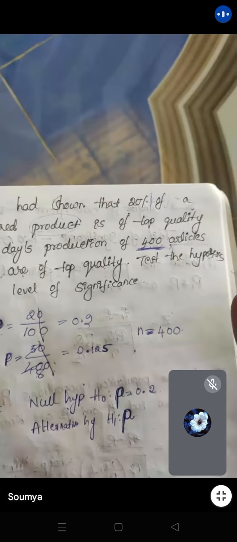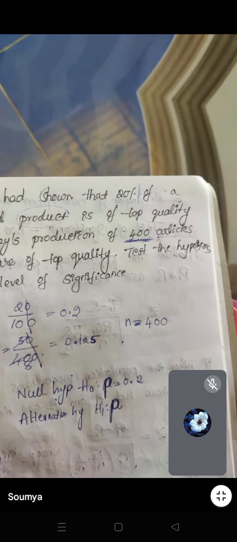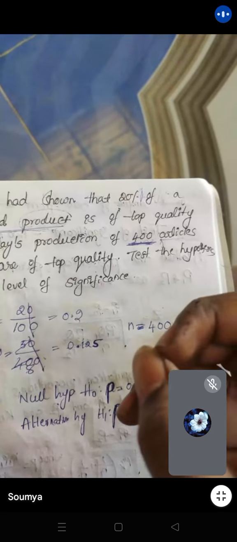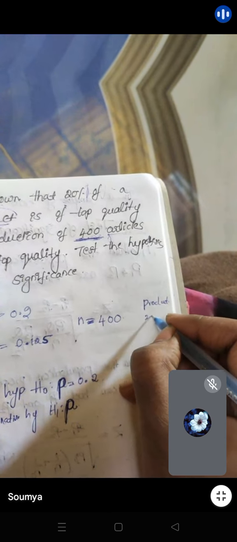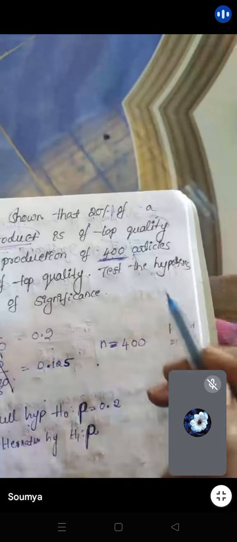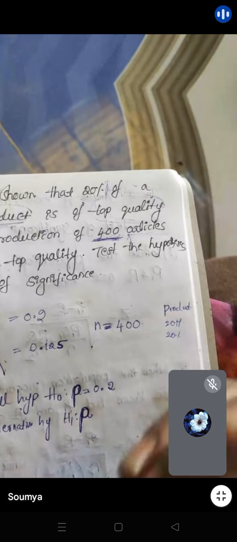That means if it is less than 20%, you will not accept that quality. If it is 20% top quality, you will accept, and above 20% also you will accept, but below 20% you won't accept, right? So that is what you have to consider.